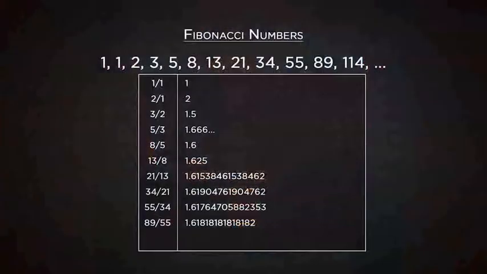Now, if you look at the ratio of consecutive Fibonacci numbers, we see that their ratios actually get closer and closer to 1.618. And as we get farther and farther out, these ratios get closer and closer to phi.